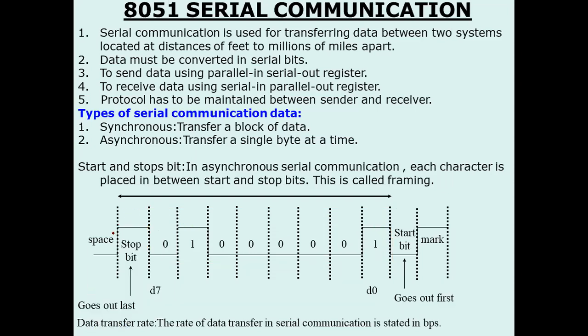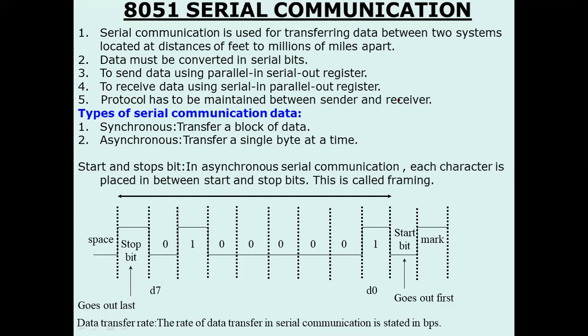So we cannot transfer the data just like that. बस ऐसे ही हम लोग कुछ data transfer नहीं कर सकते.